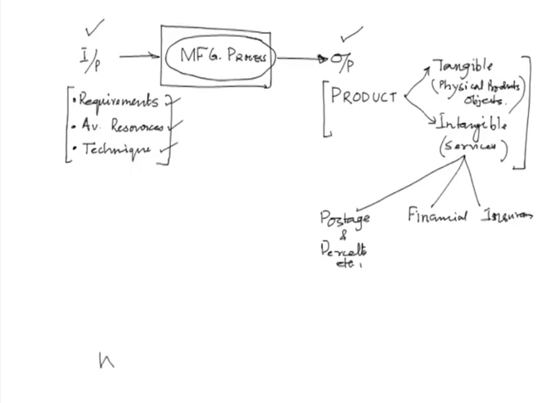Say for example, one pattern is to be manufactured for casting, and I have the raw material as wood, say some wooden pieces, and I have one lathe machine at my disposal.